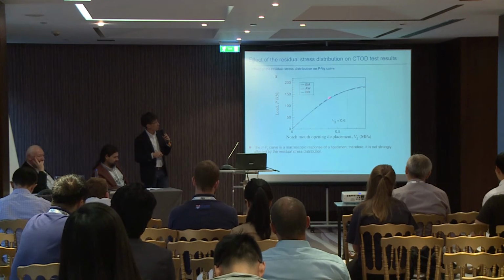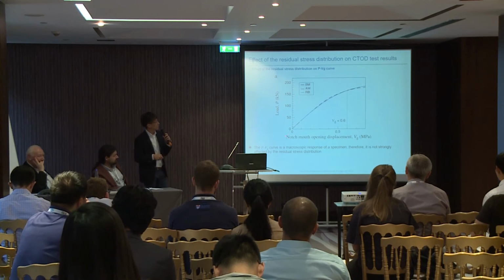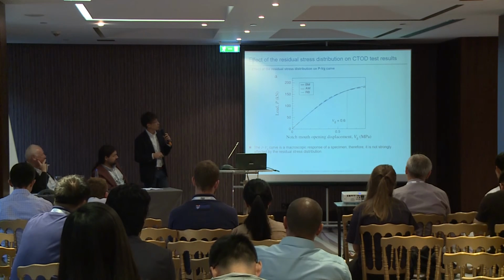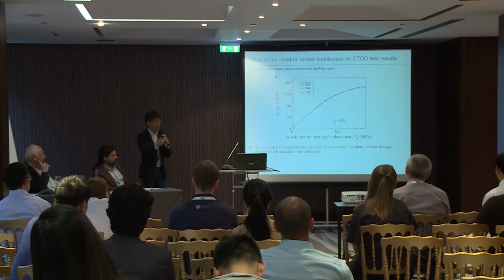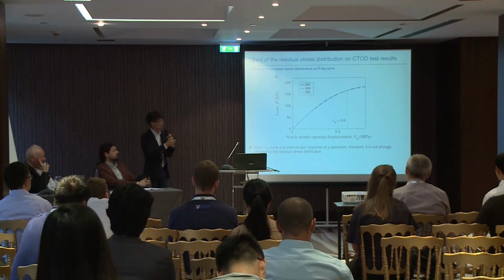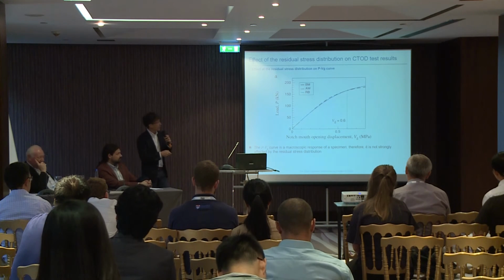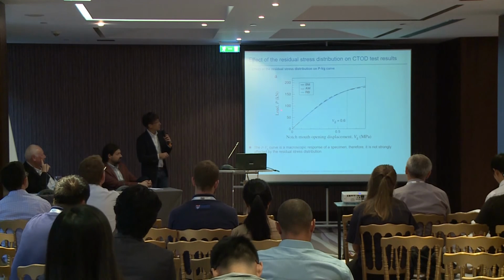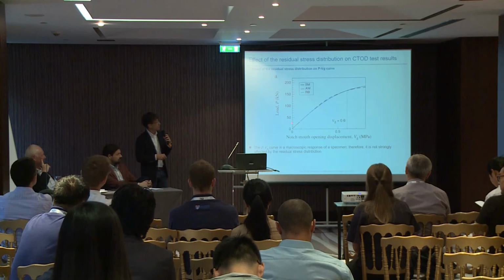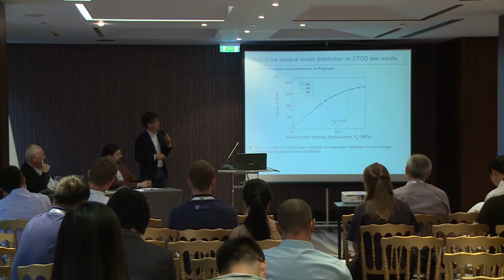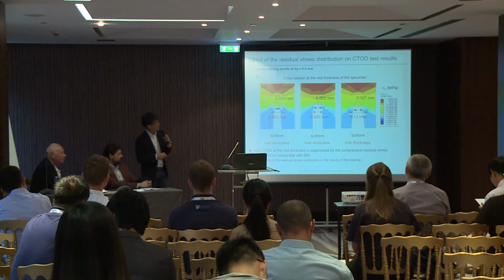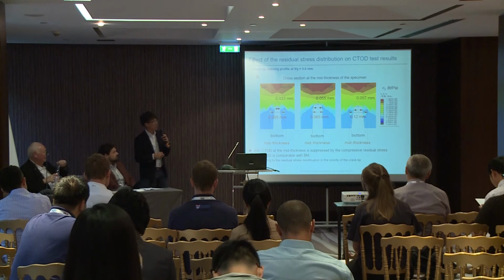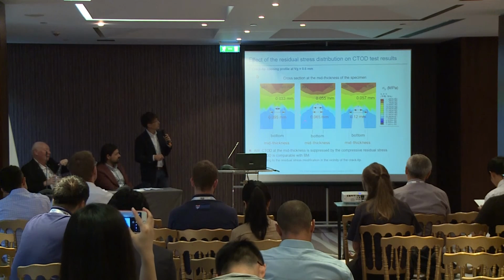These are quite similar in this graph, because the change in the residual stress distribution is limited to the notch root. However, even if the P-V-G relationship is like this, the notch crack opening profile is very different.